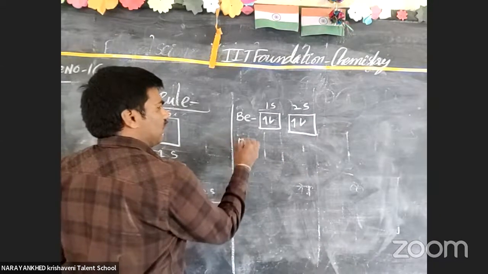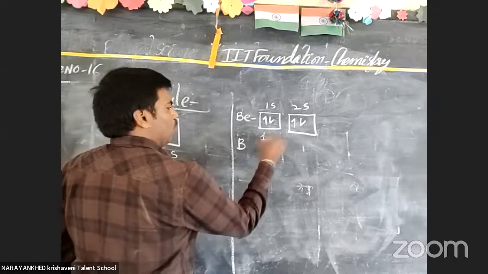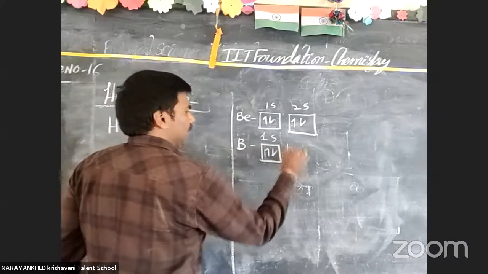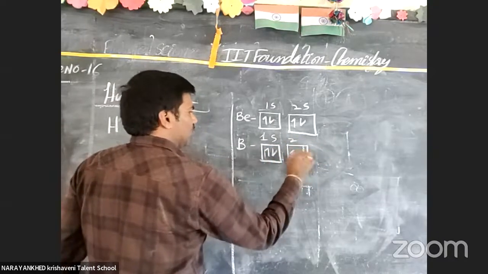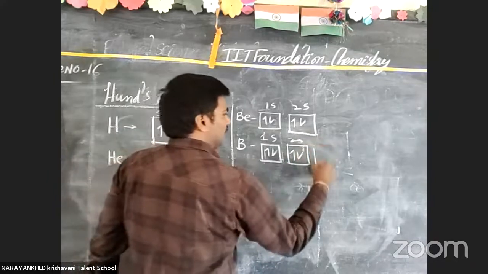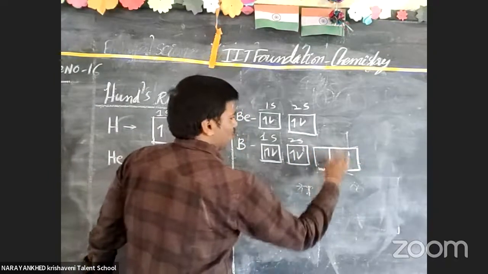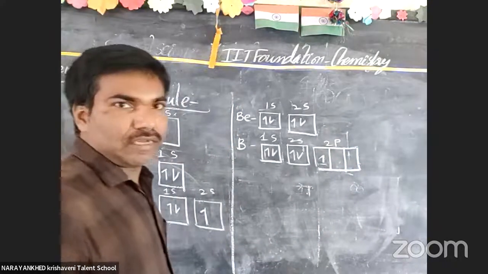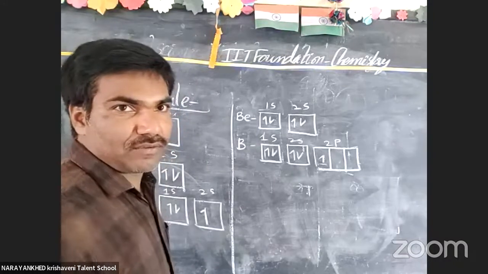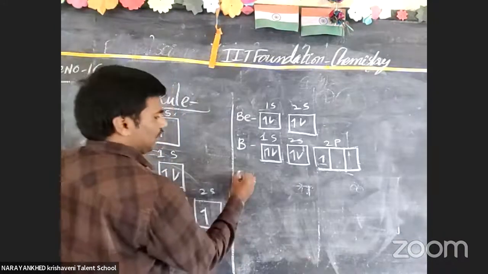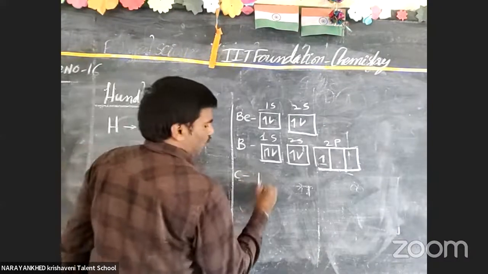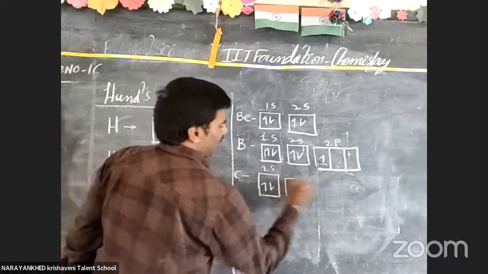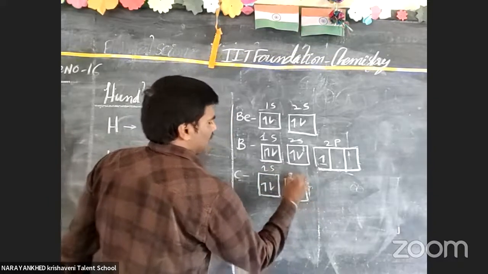The next one is boron. In boron, the 1s orbital contains 2 electrons only, like this. The 2s again contains 2 electrons, and the 2p contains 1 electron. Got it? Next, carbon. The 1s orbital has 2 electrons like this, and then there are 2 electrons in the 2s.